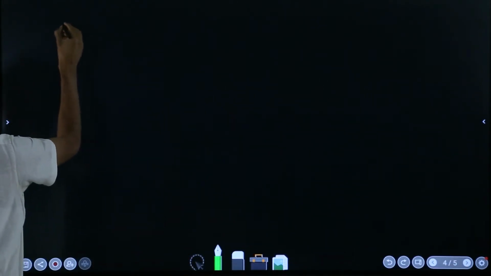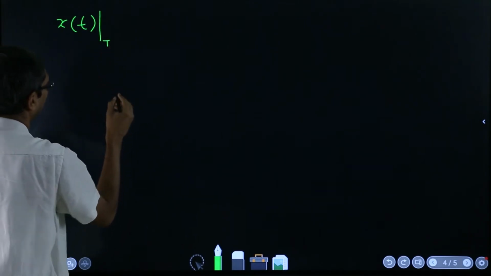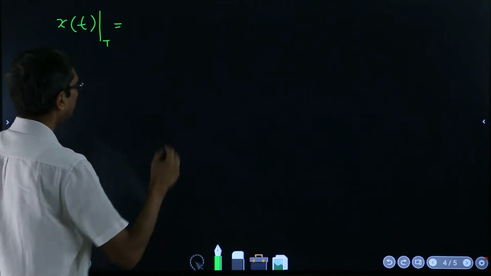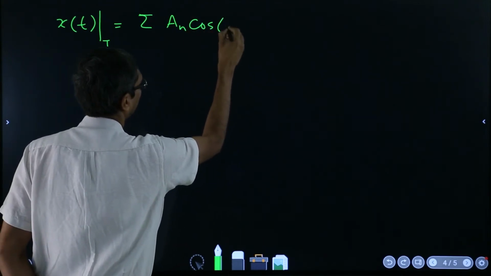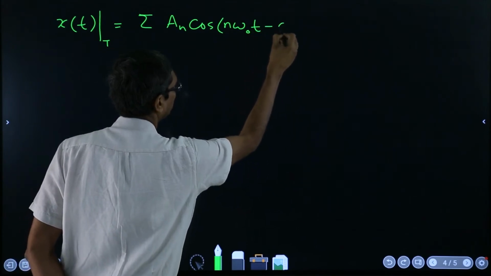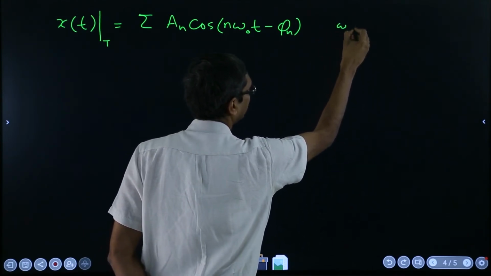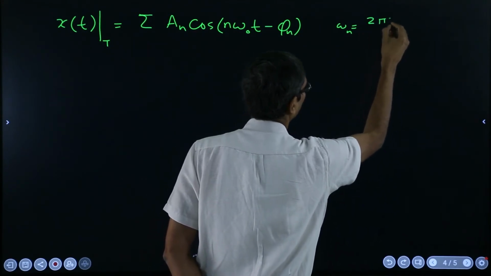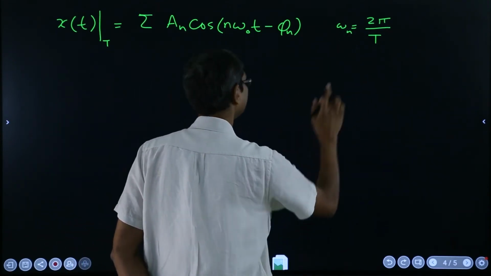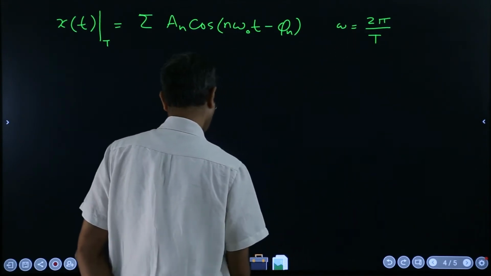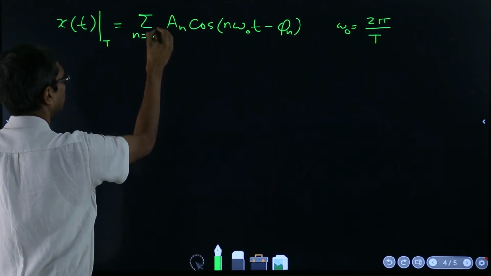So I'll need some space, so I'll start from here. If xt is a function with a period T, then you can write that as the summation of an cosine of n omega naught t minus phi n, where omega naught is equal to 2 pi over T. And this runs from n equal to 0 to infinity.